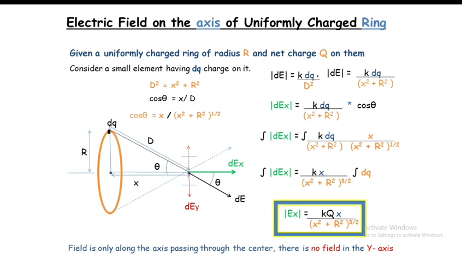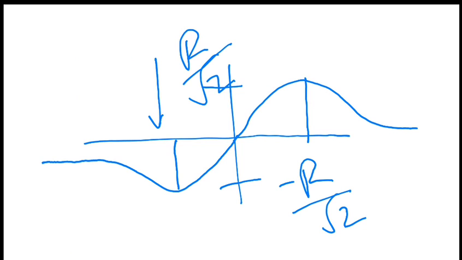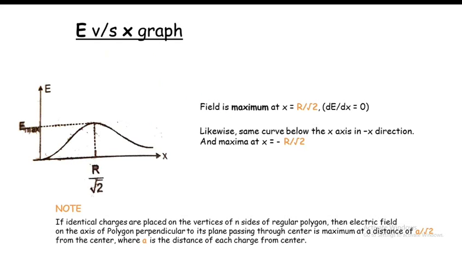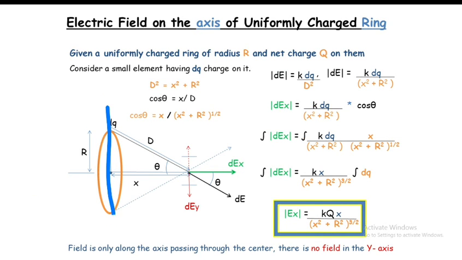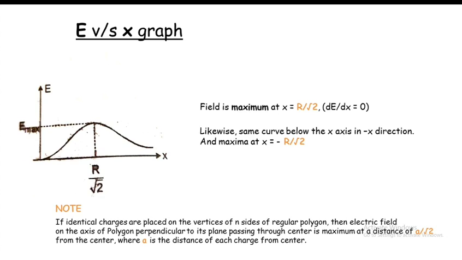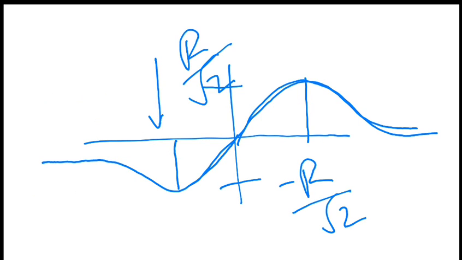So if we move away from the center, then graph for this will be like this, and if we move in minus x direction, the electric field will change like this.